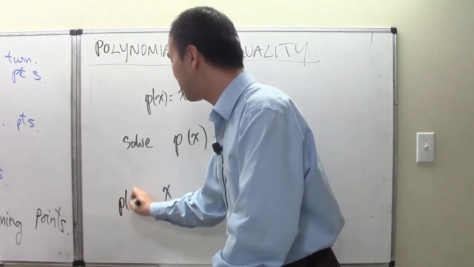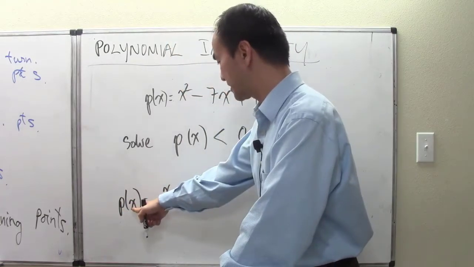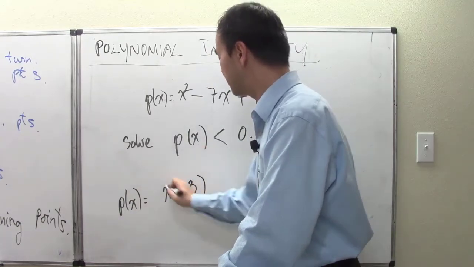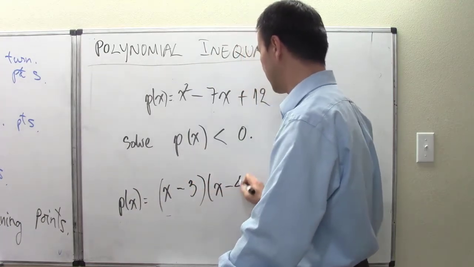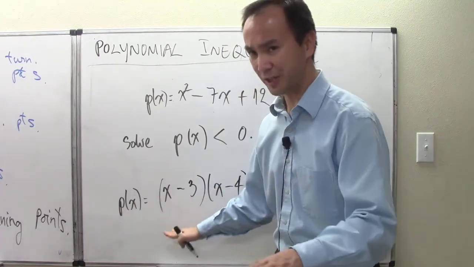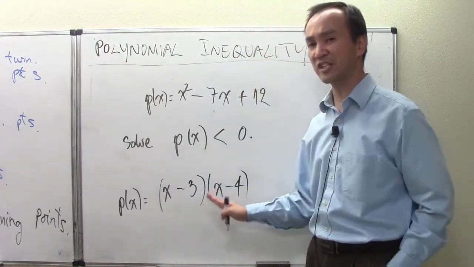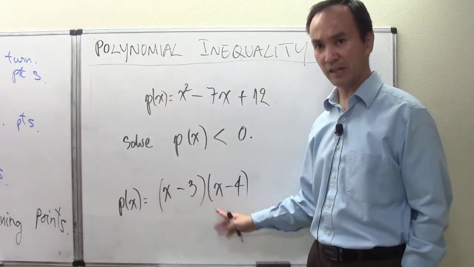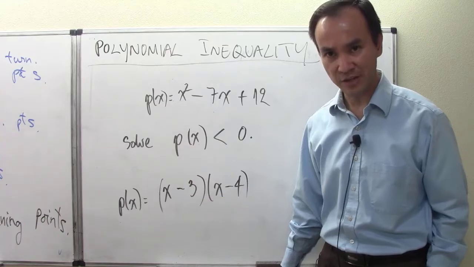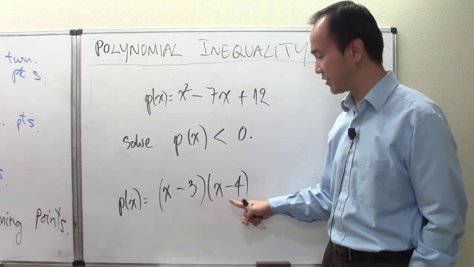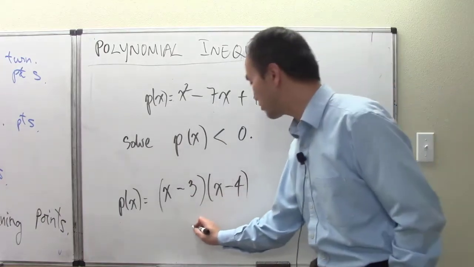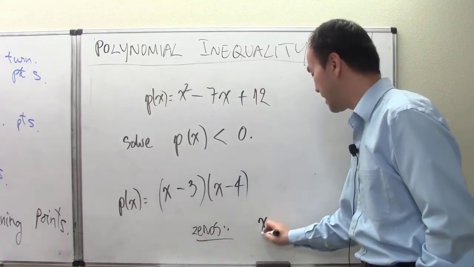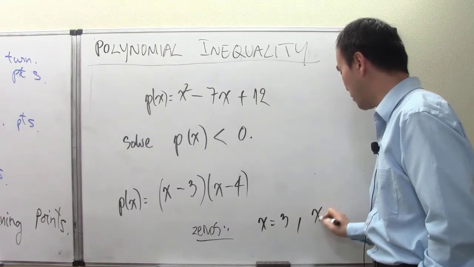In factor form, our polynomial is p of x equals x minus 3 times x minus 4. For this particular demo problem, you have already seen the graphs before, so this factored form is consistent with the graph we've seen earlier. These are the two zeros we found. The zeros here are at x equals 3 and x equals 4.